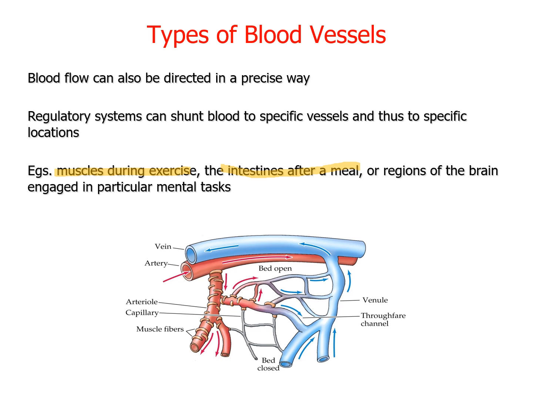And regions of the brain that are engaged in particular nerve activity will also receive more blood. Similarly, the opposite is also true. Muscles that are not exercising receive less, not zero, but less. Intestines receive less if they're empty, and regions of the brain will receive less when they're not as active.